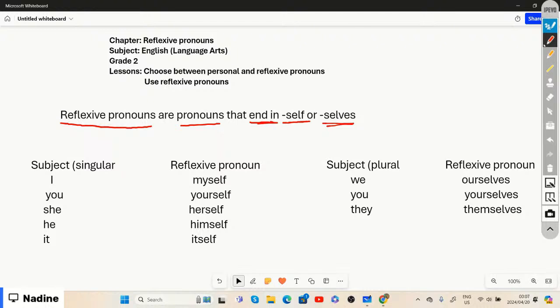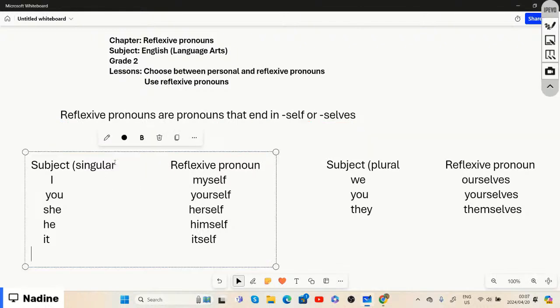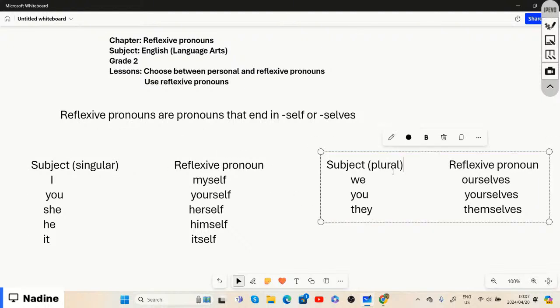And when it comes to reflexive pronouns, we have, for example, a subject which is singular, and we also have a subject which is plural. So it's words that are singular as well as words that are plural.